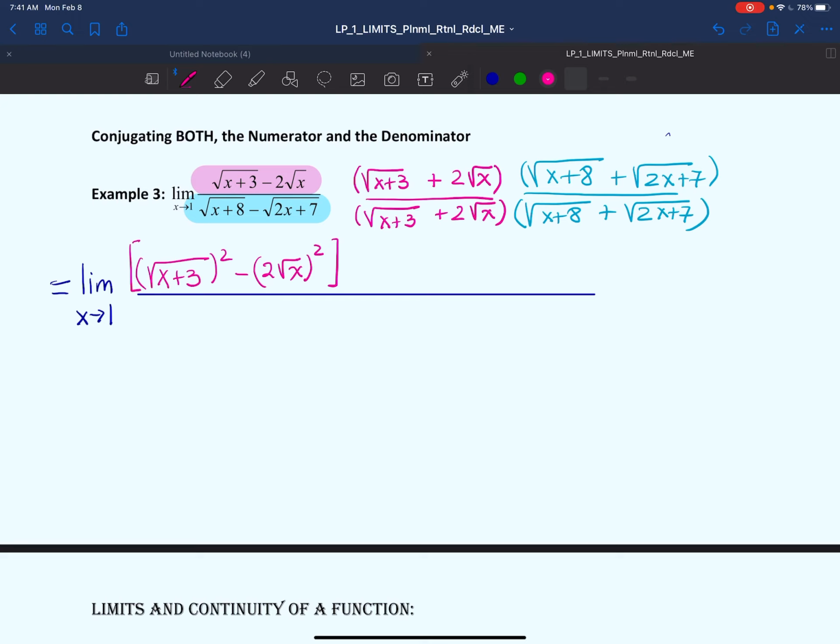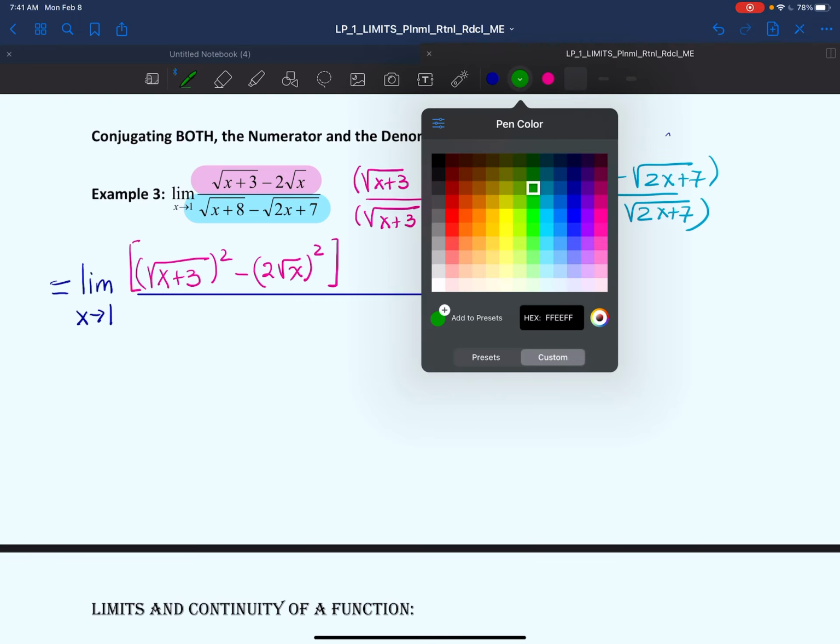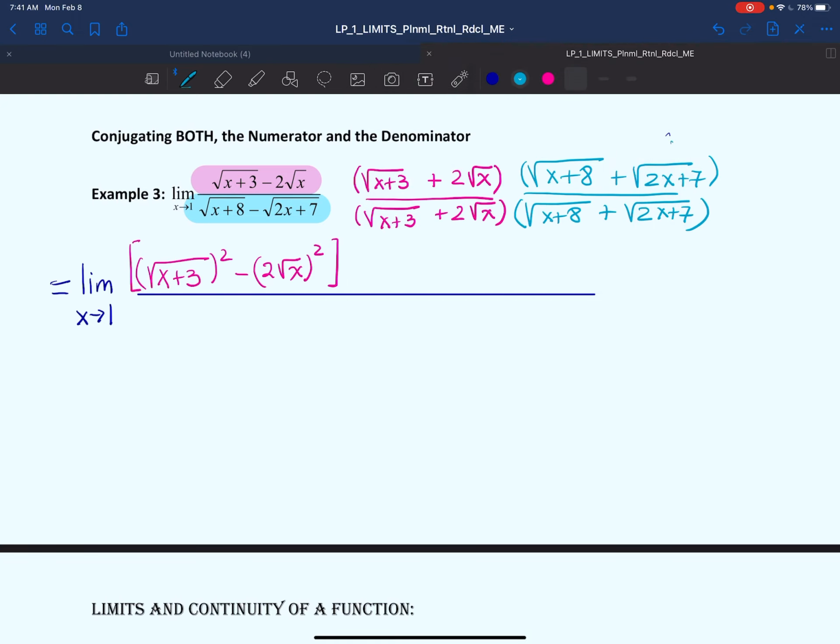And now we still have the root of x plus 8 plus the root of 2x plus 7. Now down in the denominator, we're multiplying the conjugates first, so the blue stuff.